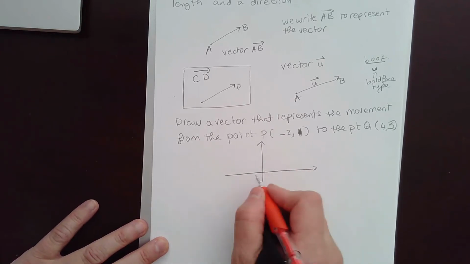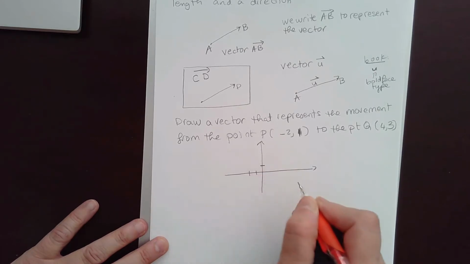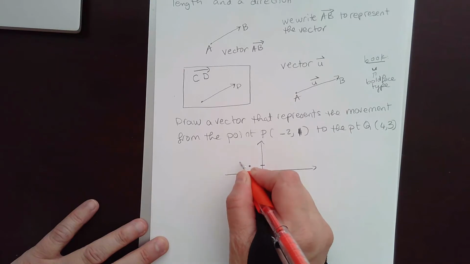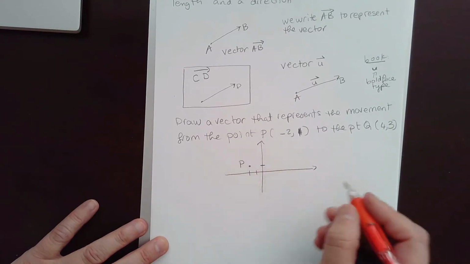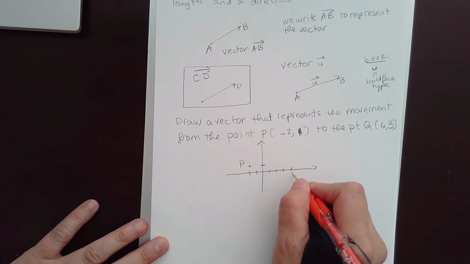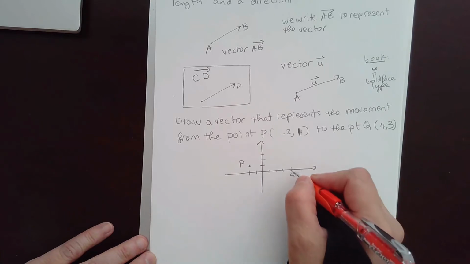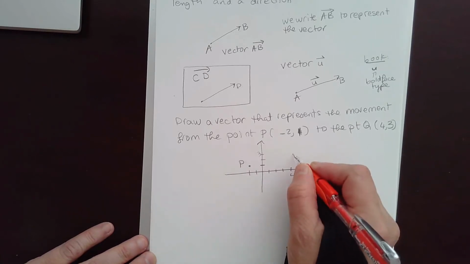So -2, 1: x is -2, and y is 1. This is your P right here. And Q is 4, 3, so here's 4, and here's 3. 4, 3 is right here.